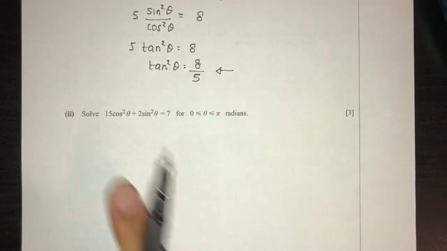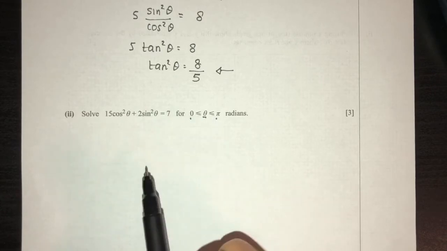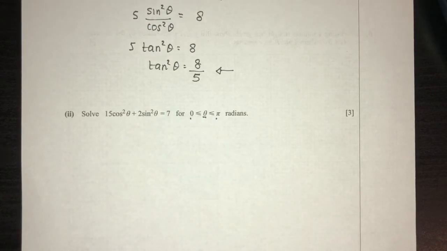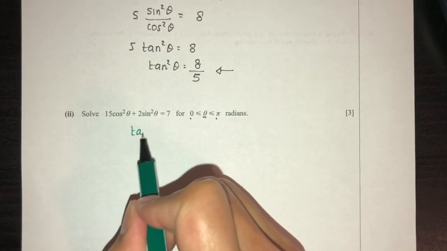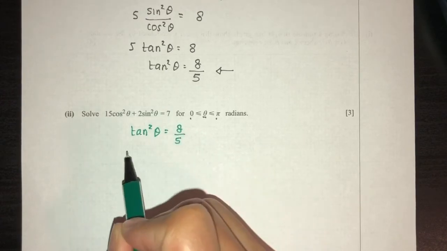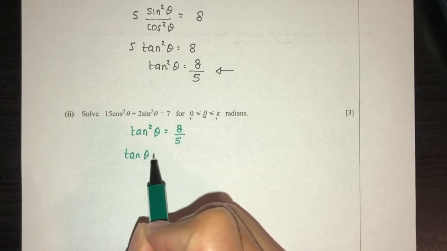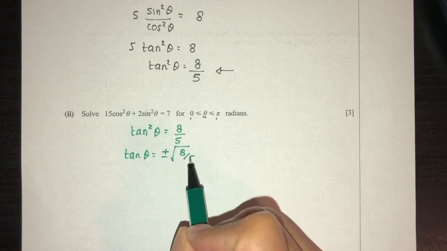Now for part 2, we have to solve this one for theta between 0 and pi radians. So let's solve that. Since we know this is equal to this, we have to find tan theta will be plus minus root of 8 over 5.